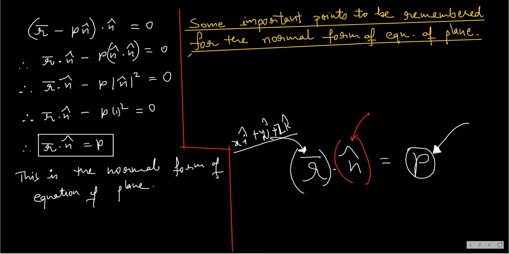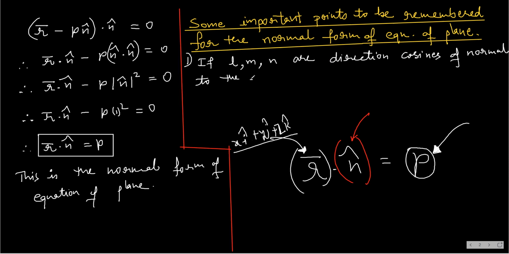The first point is, if L comma M comma N are direction cosines of normal to the plane, then n cap will be equal to Li cap plus Mj cap plus Nk cap.